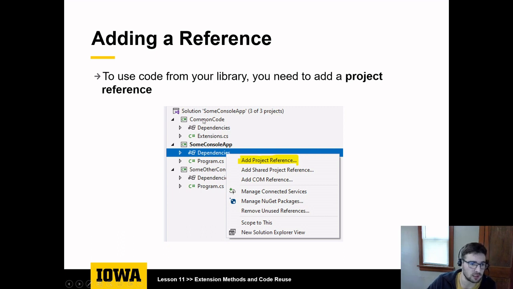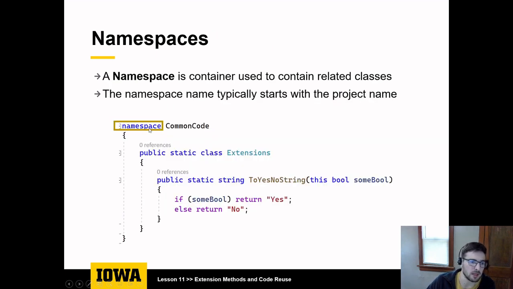So Common Code is the name of our class library project, and our namespace is probably going to be called Common Code. And all our classes or extension methods or static methods or what have you is all going to be in the same namespace, Common Code. It's just a container for related stuff.